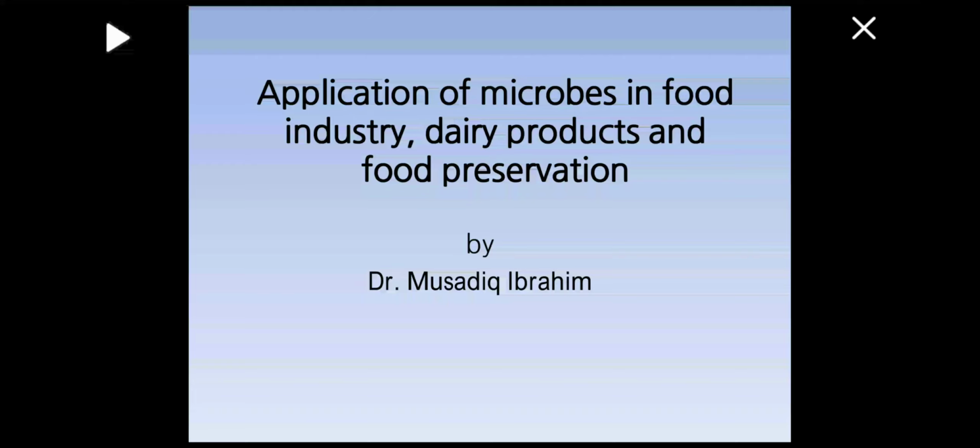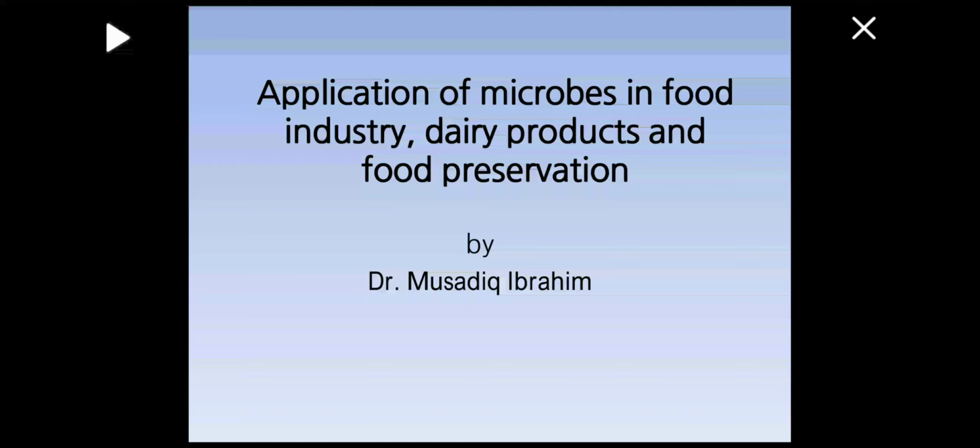So there are applications of microbes in the food industry, like food products which are synthesized in the food industry, dairy products like milk products, cheese, yogurt, and others, and food preservation.